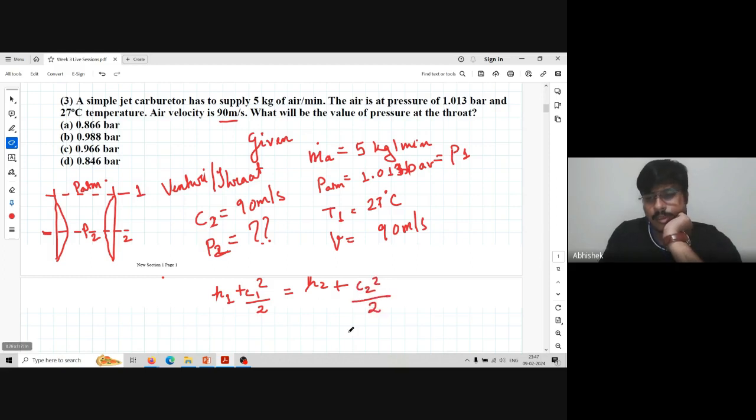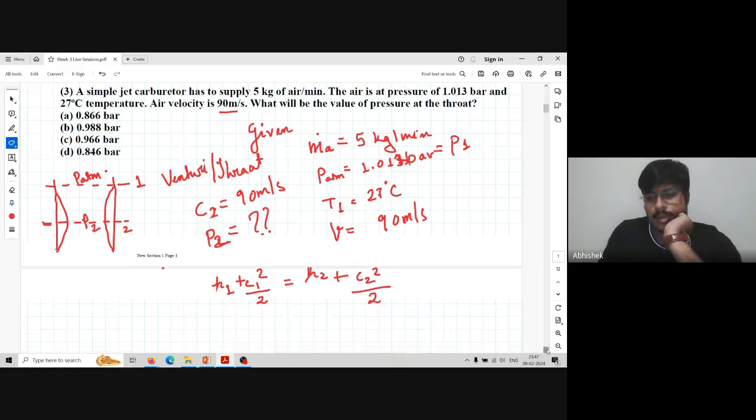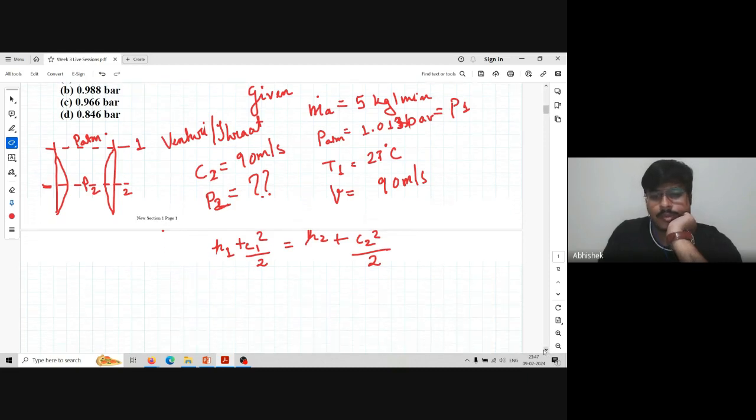C1 is 0, C2 is given, and H1 is given. In place of H1 you can write Cp into T1, and for H2, Cp T2.